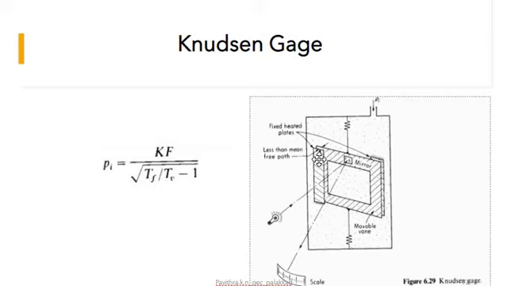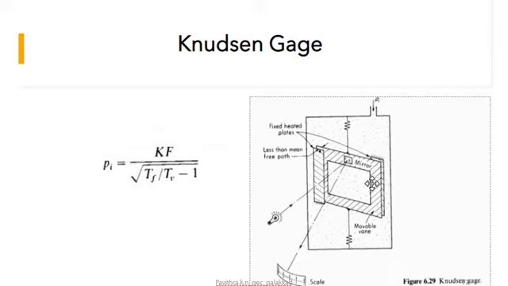So the gas particles rebounding from the fixed plate will have a momentum which gives rise to a net force on this movable vane, which will lead to the movement of the vane. That is, a deflection will occur in the movable vane.